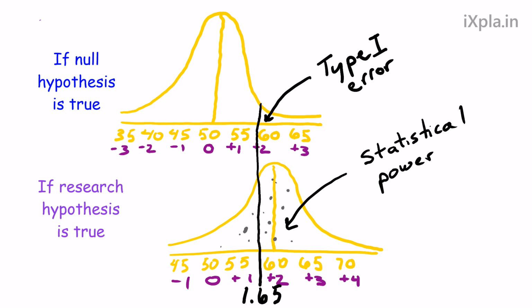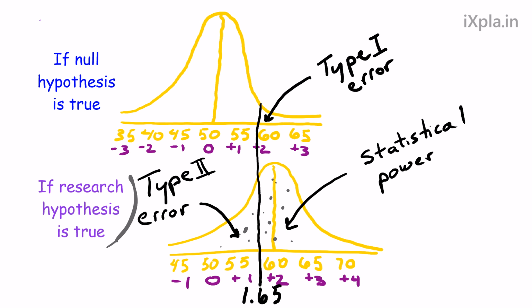But in this situation, because I'm telling you that the research hypothesis is true, we're going to be making a mistake. We're going to incorrectly conclude that we should not reject the null. And that's an error, and that's a type 2 error. Again, a type 2 error is when you do not reject the null and you are wrong.